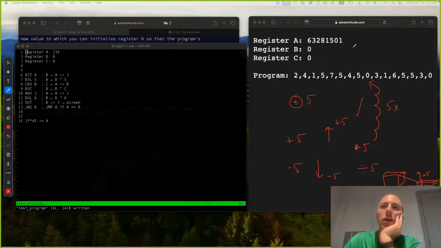It's like, what is 5 in binary? 5 is this. So if you have a number that ends in 5, like 95, I mean, the last 3 bits are going to be that. Wait, is that right?